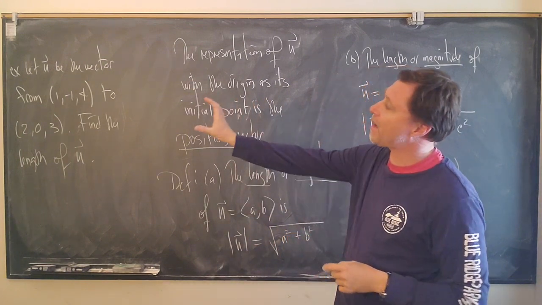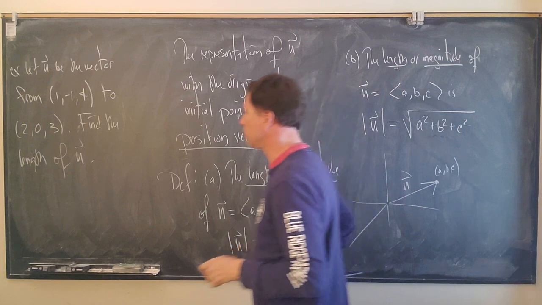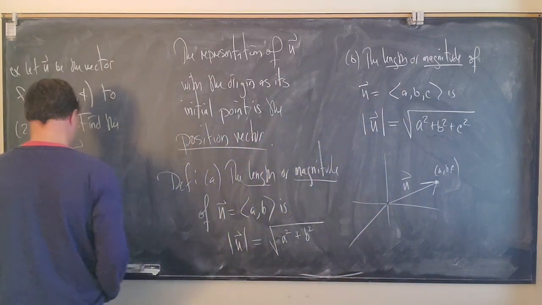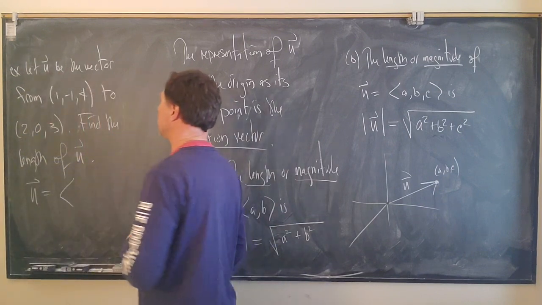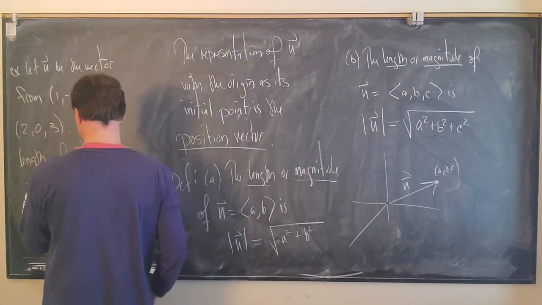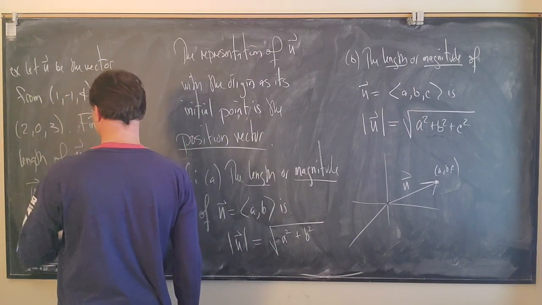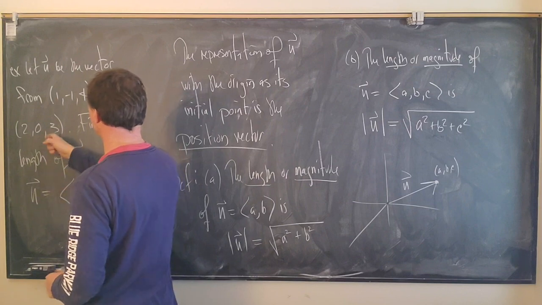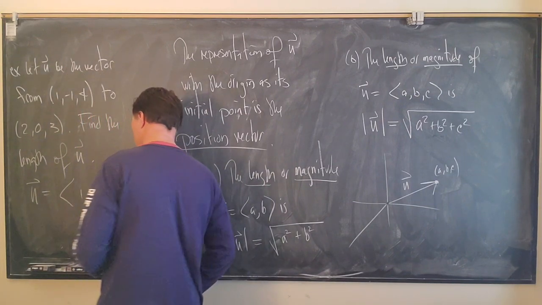Well, what we have here is a representation of a particular vector u. And how do we get u? U is in angled brackets, so it's always going to be head minus tail. So it'll be 2 minus 1 for the first entry. It'll be 0 minus negative 1, so positive 1 for the second entry. And it will be 3 minus 4, so that'll get us a minus 1 for the third entry.